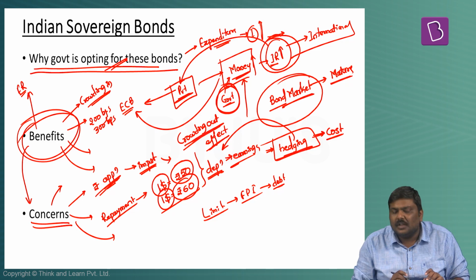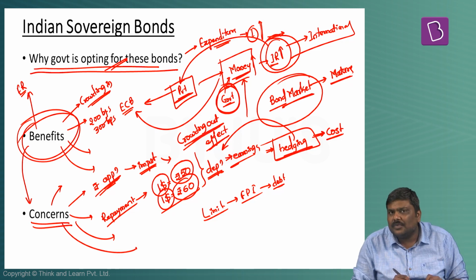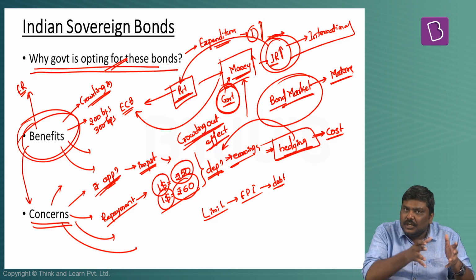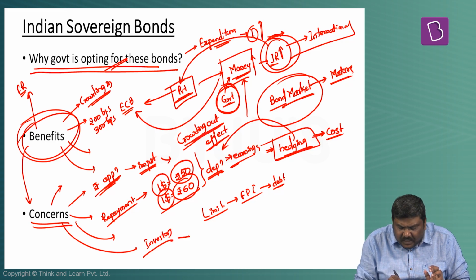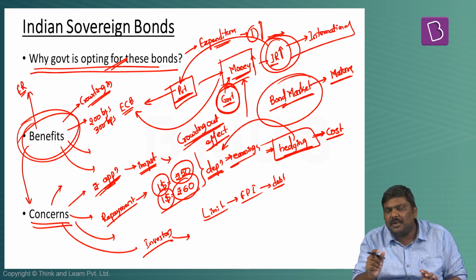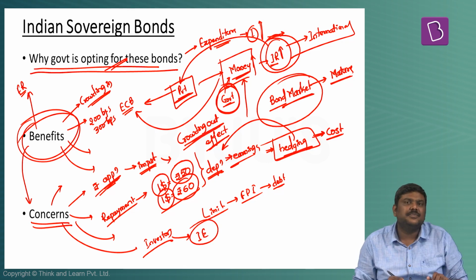Next concern. The former RBI governor, Mr. Raghuram Rajan, has basically argued that when these particular bonds are issued in the foreign market, certain investors who are not very serious investors might invest in these particular bonds simply because the Indian economy is doing well and they're expecting better returns.